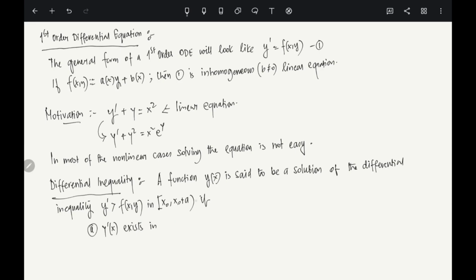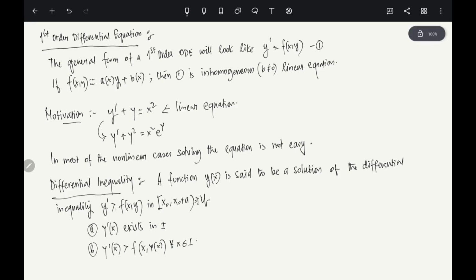Let's call this interval I. In I, y prime of x should always be greater than f of x, y of x. This should be satisfied for all x in I. Then we call it a solution.